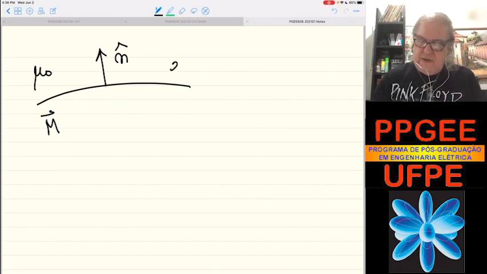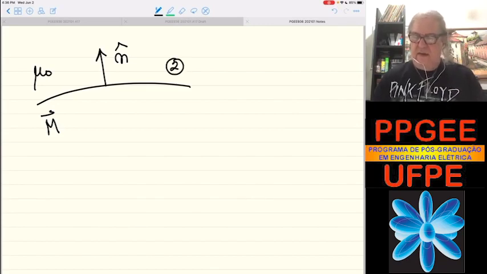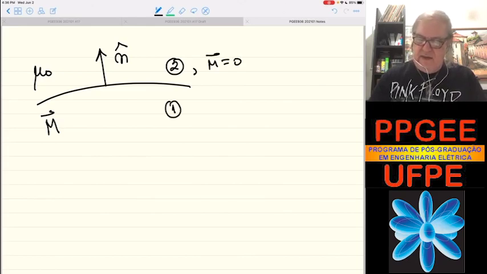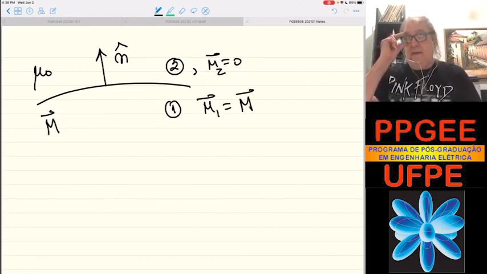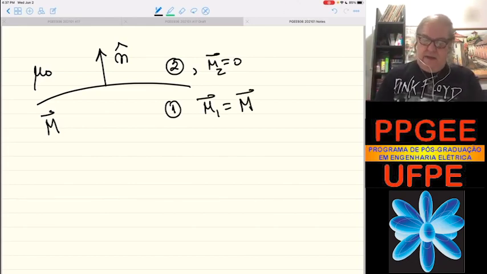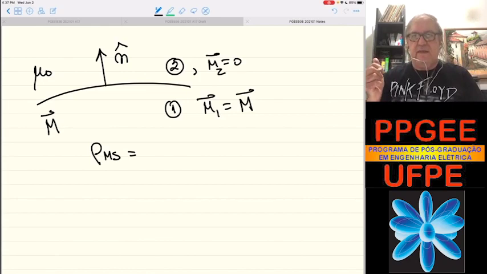So medium 2, m2 equals 0, medium 1, m1 equals m. So the boundary condition is the magnetic surface charge density equals m2 dot n minus m1 dot n.